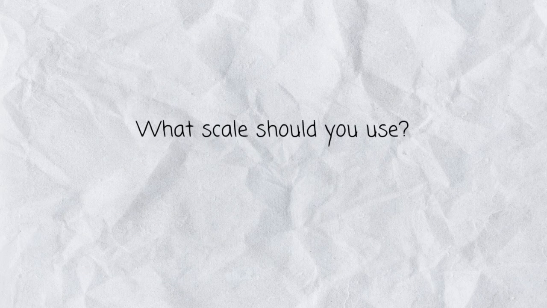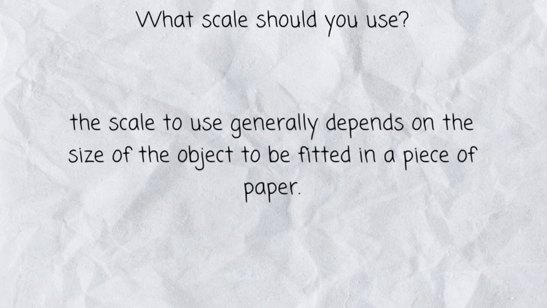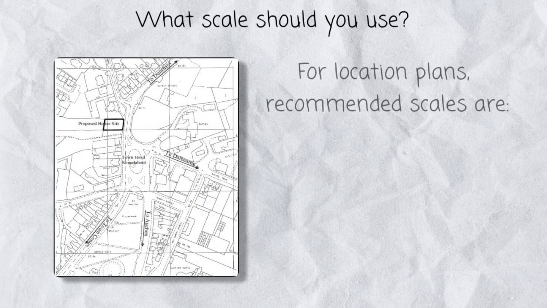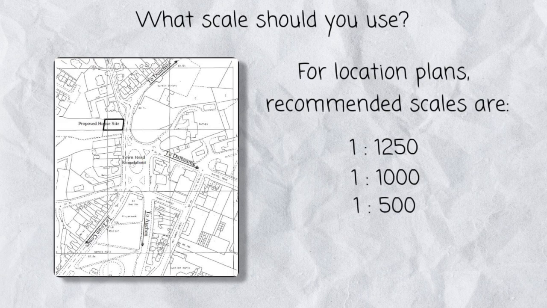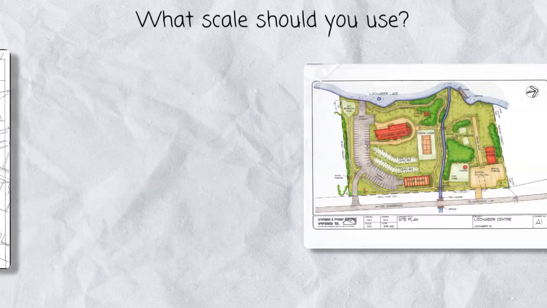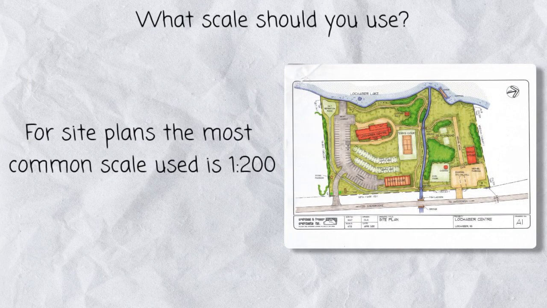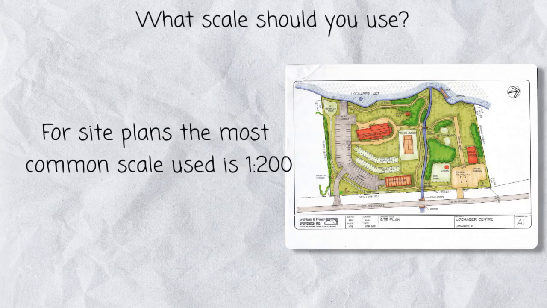The scales to be used generally depends on the size of the object to be fitted into a paper. In location plans, the most often used scales are 1:1250, 1:1000, and 1:500. For site plans, 1:200 is the scale mostly used.